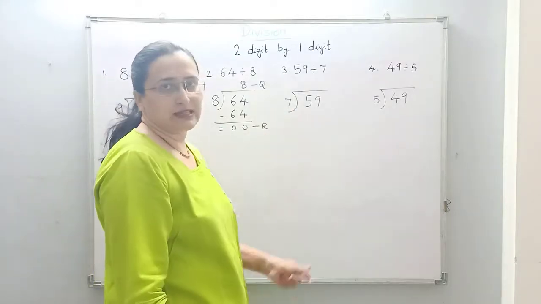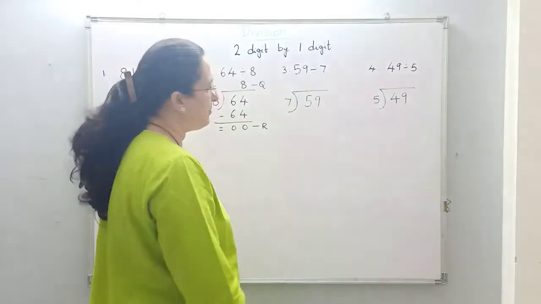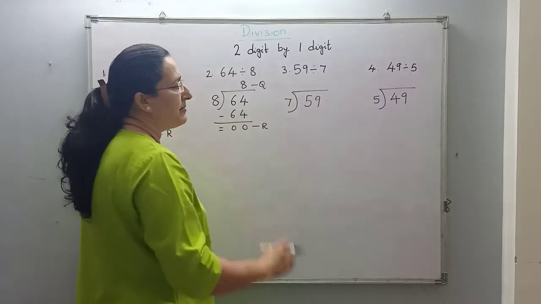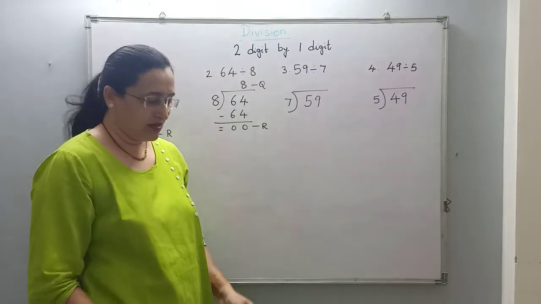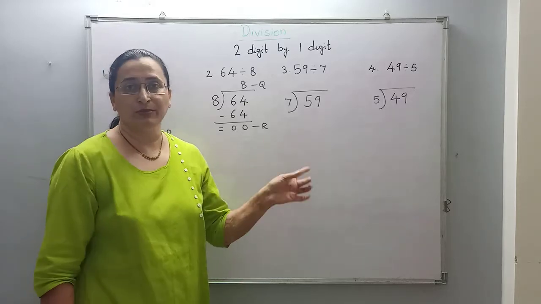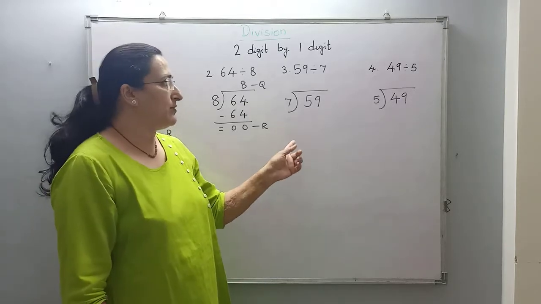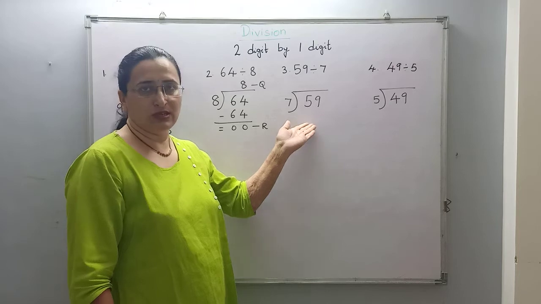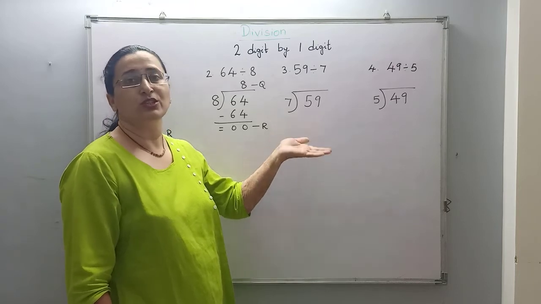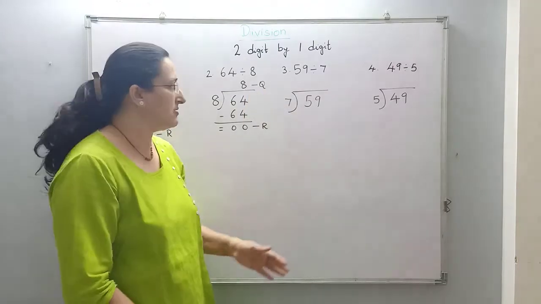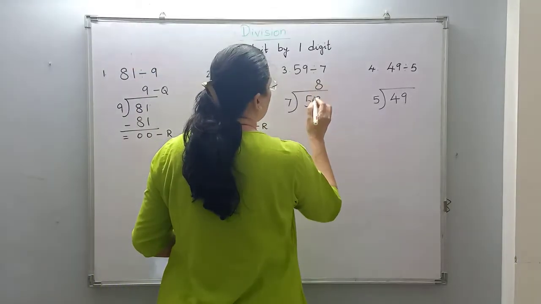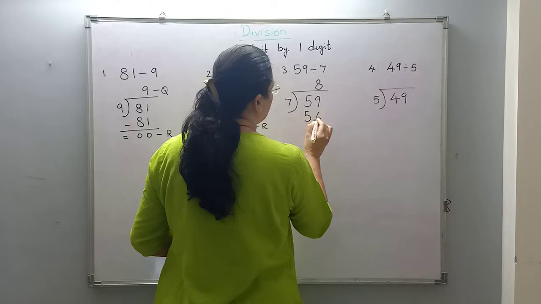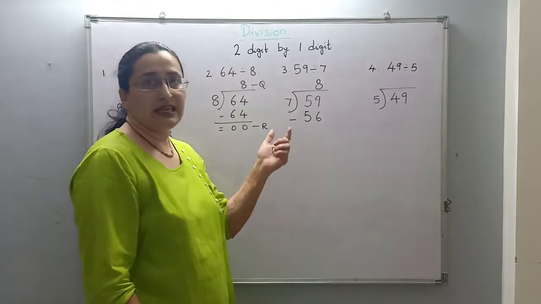Let us go for another example, a different type of example now. 59 divided by 7. Now 59 does not come in the table of 7. So we need to find out a number from the table of 7 which will be closer or nearer to 59, but it should be smaller than 59. So it is 7 8s are 56. 7 9s are 63.